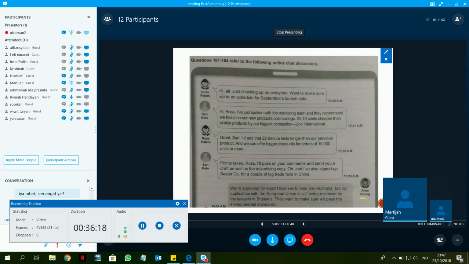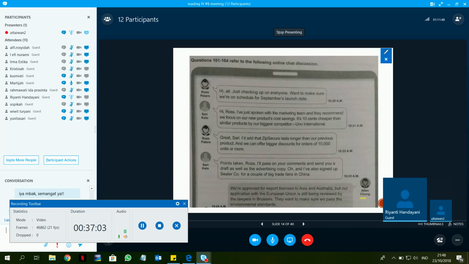I'd add that Zip Secure lasts longer than our previous product, and we can offer bigger discounts for orders of 10,000 units or more. Point taken, Rose. I will pass on your comment and send you a draft as well as the advertising copy. Oh, and I have also seen Silver Gold for a big trade fair in China.